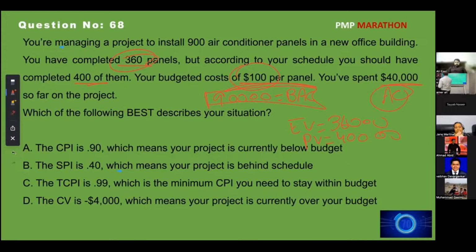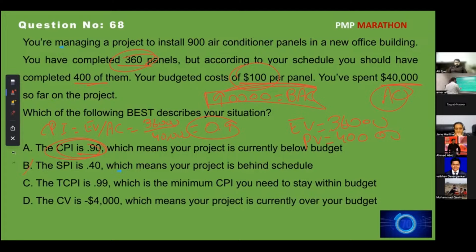If I calculate CPI, it is earned value divided by my actual cost. Earned value becomes $36,000. Actual is 40,000. It becomes 0.9. This is the exact answer. If I divide this with this, I don't get SPI.